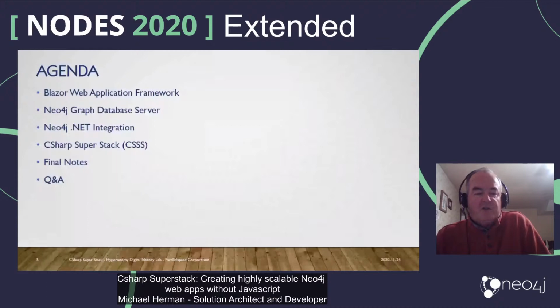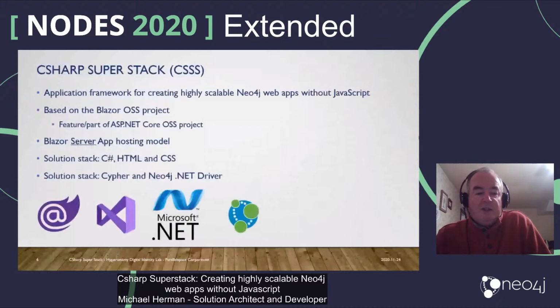There's another hosting model called the BLAZOR WebAssembly app model. I'll describe that briefly, but I'm really just focused on the BLAZOR server. So the solution stack is just plain old C#, HTML, CSS. Optionally, you can call into JavaScript if you need JavaScript to access some of the DOM functionalities or DOM APIs. And then, of course, CYPHER and Neo4j.